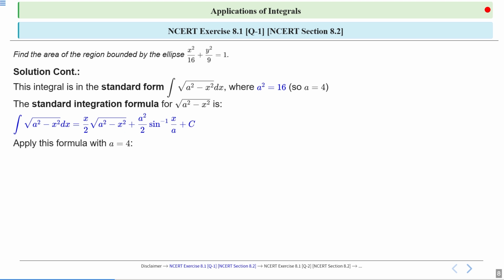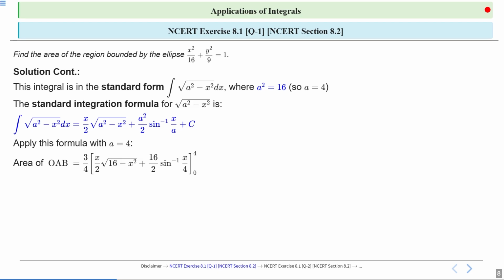So apply this formula with a equal to 4. You get the area of OAB as 3 by 4 times x by 2 root under 16 minus x square plus 16 by 2 sine inverse x by 4, from lower limit 0 to upper limit 4.